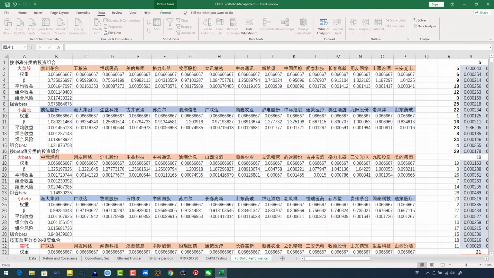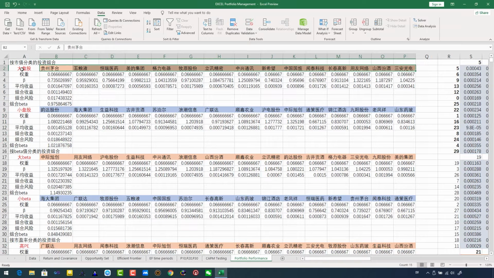The first portfolio construction is based on the size. So based on the size, the 30 stocks, I have the large size portfolio and small size portfolio. For this large cap portfolio, we just base on the market capitalization and select the top 15 stocks to construct this large market cap portfolio.